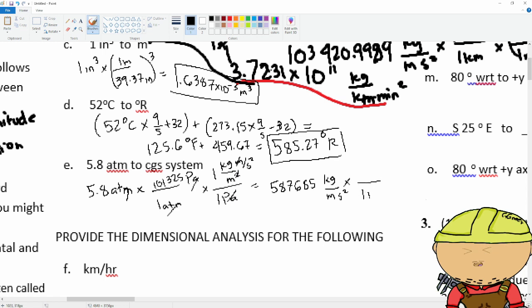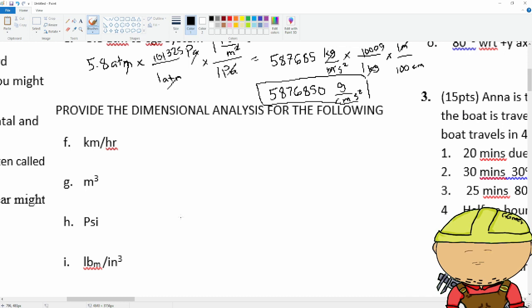Gram first. 1 kilogram is 1,000 gram. Then 1 meter is 100 centimeter. Alright. Cancel meter, cancel kilogram. We will have 587,685 gram per centimeter second squared. And that will be the answer for letter E.